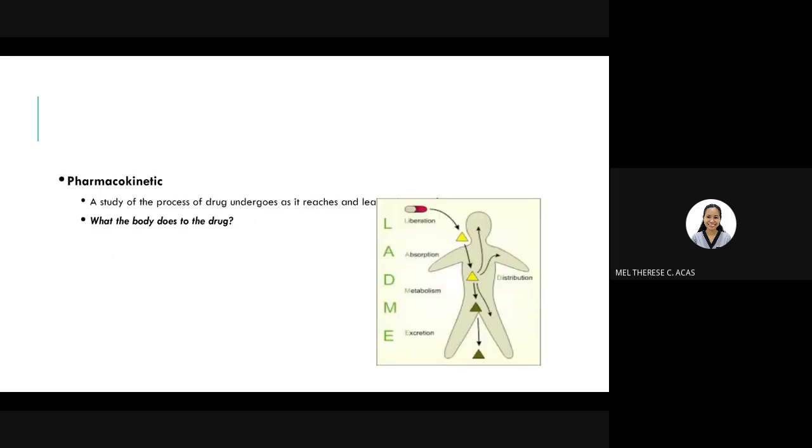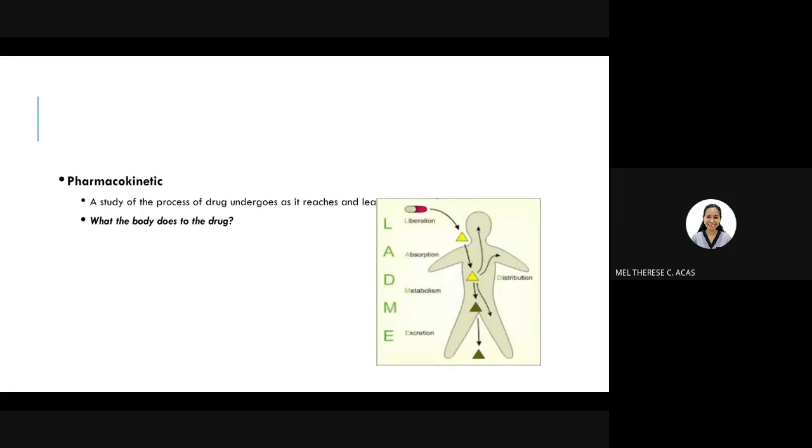The next one is pharmacokinetics. Pharmacokinetics is the study of the process a drug undergoes as it reaches the site of action. In other words, to remember it easily, it is what the body does to the drug.